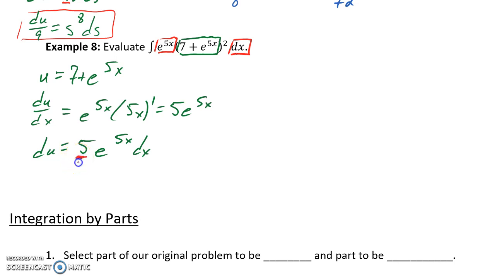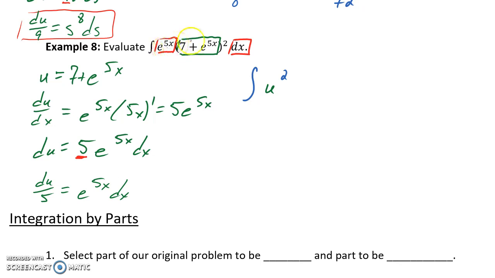So in our problem up above, we have e to the 5x, and we have dx. So what's incorrect about this substitution statement would be that 5. So if we divide that to the other side, we would get du over 5 will equal e to the 5x dx. So now we have a direct substitution that we can make. We can rewrite this as the integral of u squared.